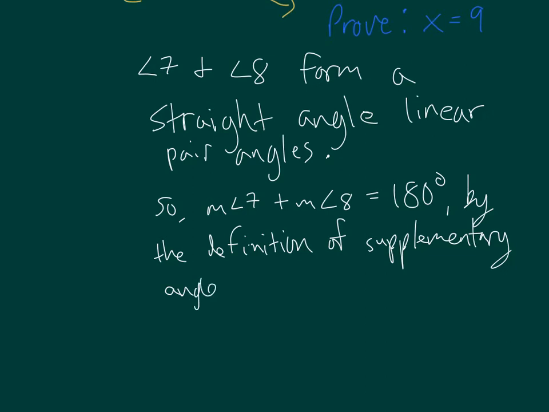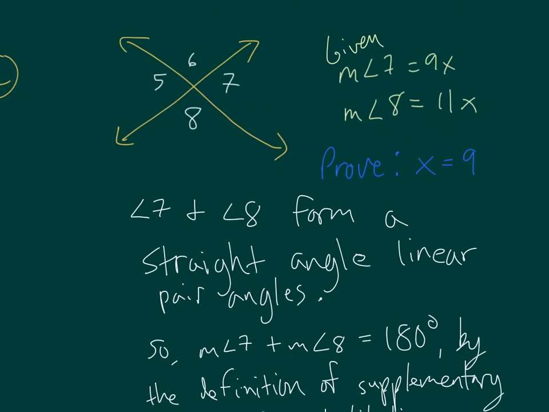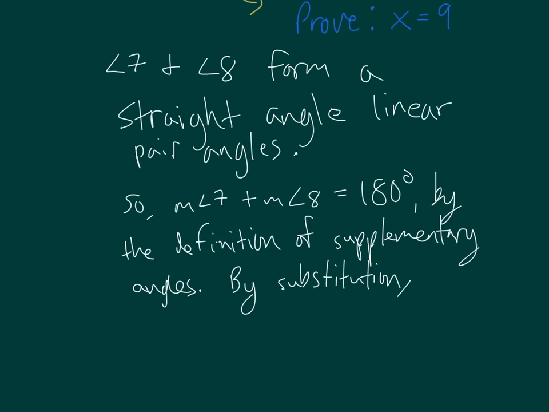Okay, next sentence then says by substitution that means that we know angle 7 from up here. Angle 7 is just equal to 9x.